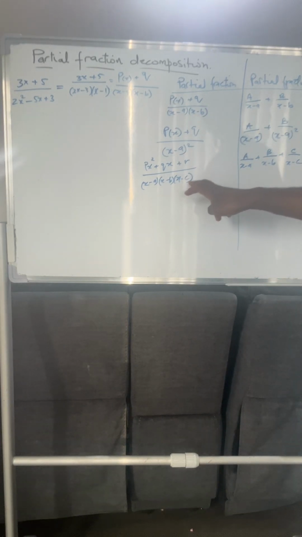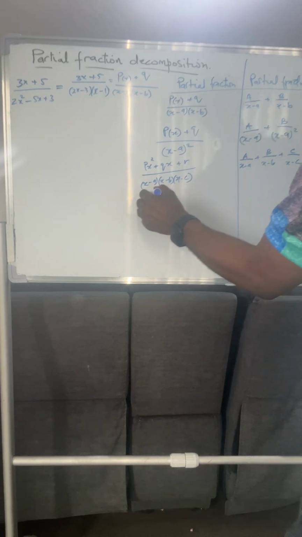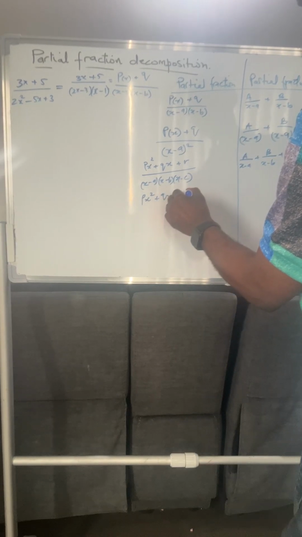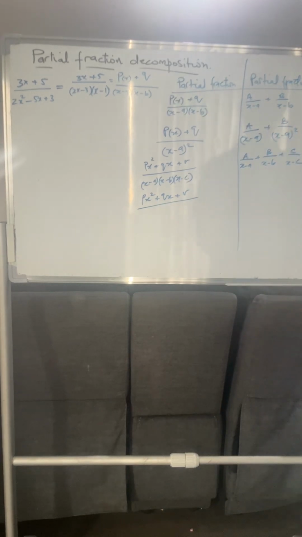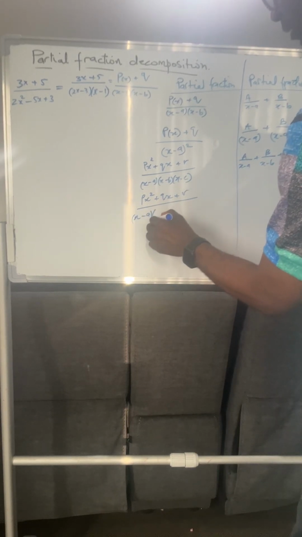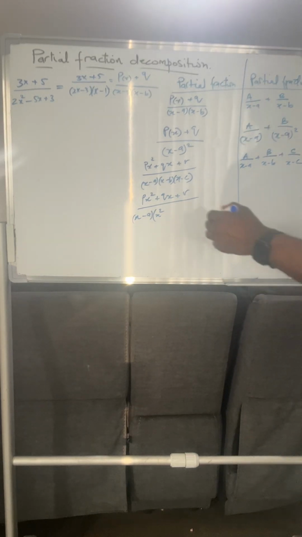You always have to look at the denominator. So now, if you have something like this, px squared plus qx plus r over x minus a, into x squared plus bx plus c.